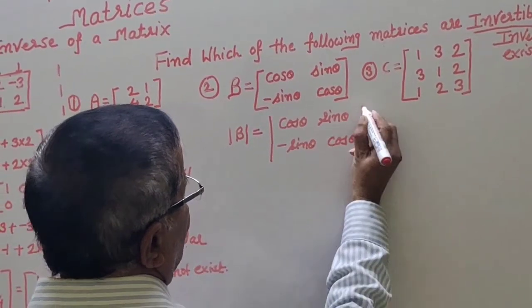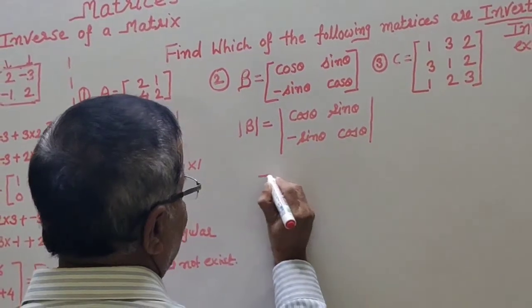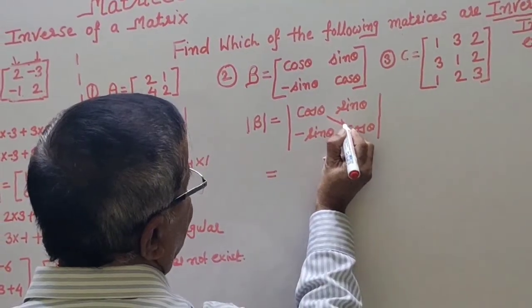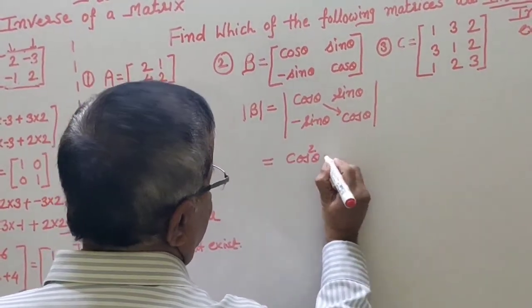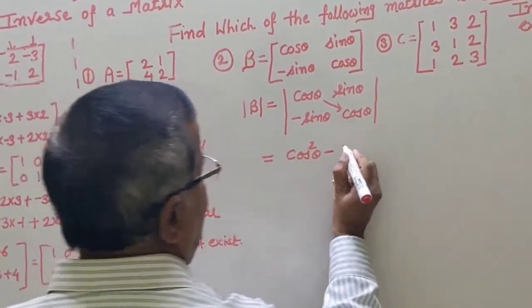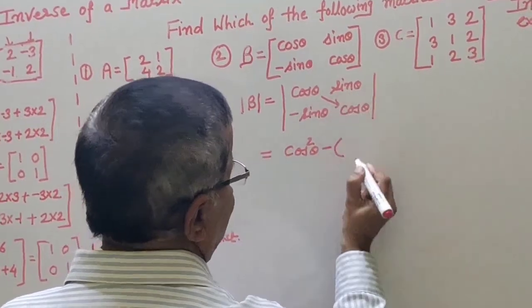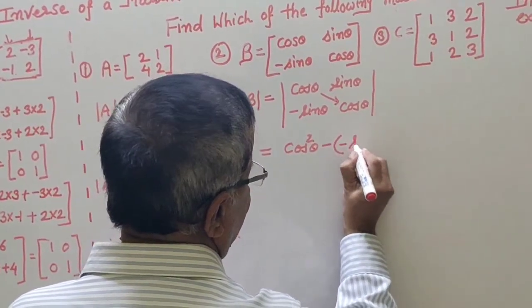Now again I will simplify this. Cos theta into cos theta is cos square theta, substitute minus sign between, then minus sin theta into sin theta is minus sin square theta.